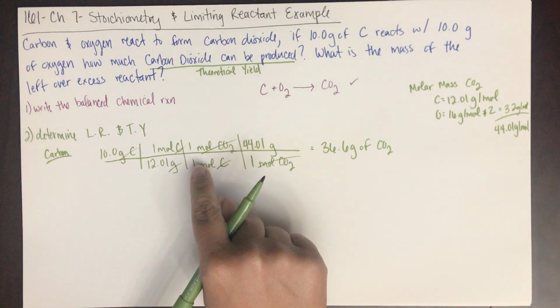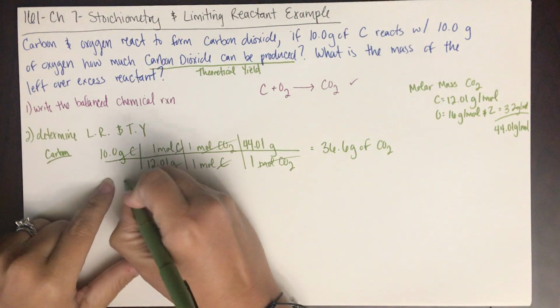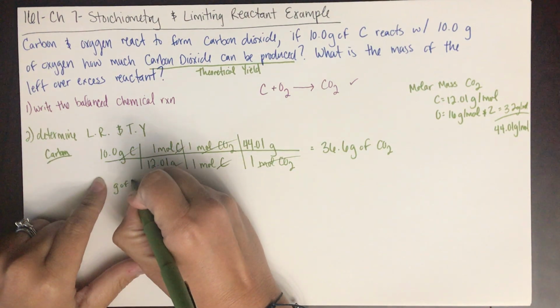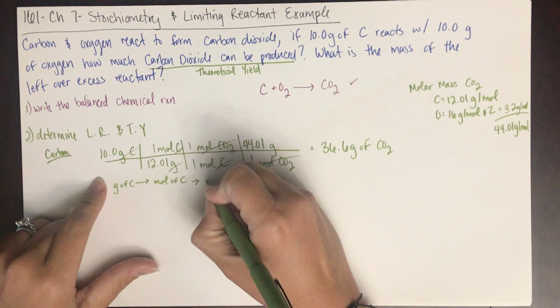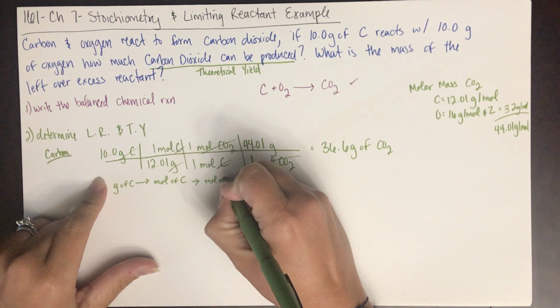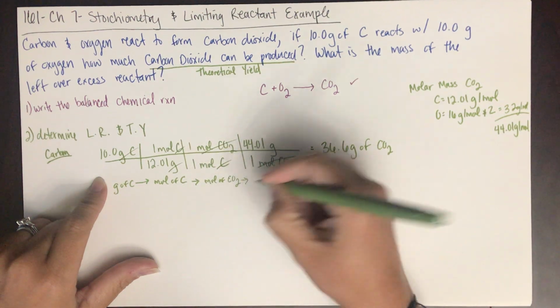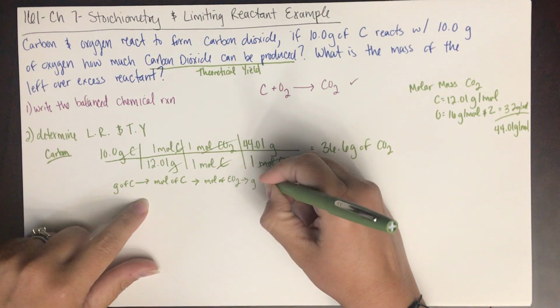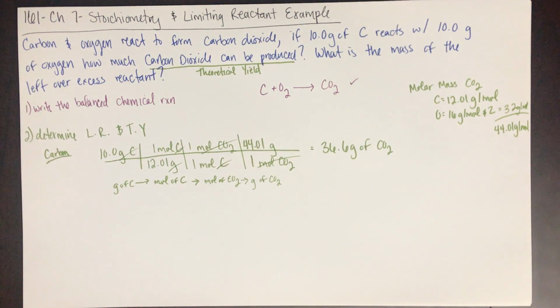So I'm going to write up here what I did. I went from grams of carbon to moles of carbon, to moles of carbon dioxide, and then from moles of carbon dioxide to grams of carbon dioxide. This is sometimes called a mole road.